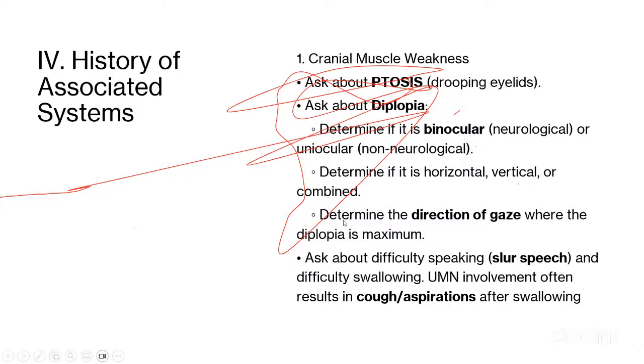Once we know it's binocular, we have to ask whether it's horizontal, vertical or combined, and the direction of gaze in which the diplopia is maximum. We also ask about difficulty speaking, slurring of speech, difficulty swallowing, and bulbar involvement, like cough and aspiration after swallowing, to rule out any cranial nerve involvement.